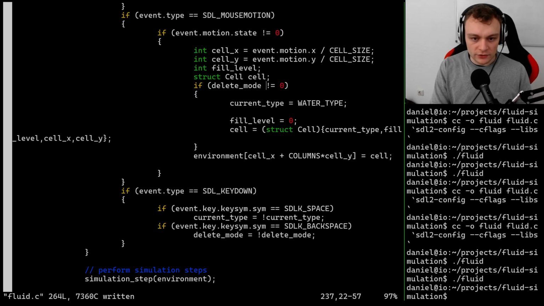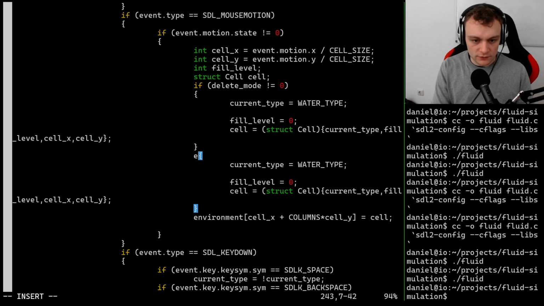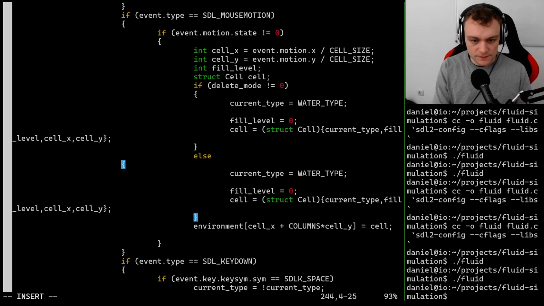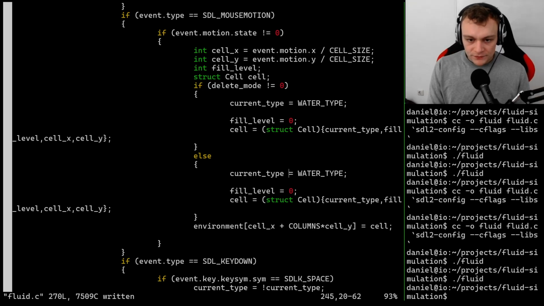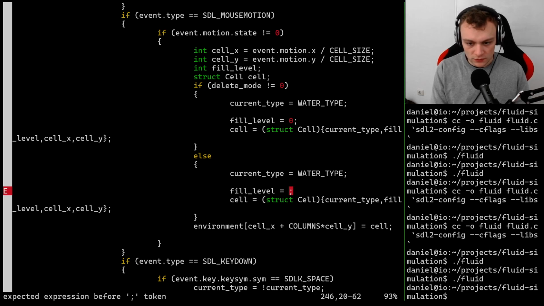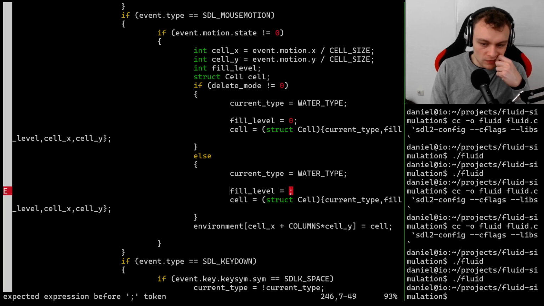In any other case, I would like to build up pressure. Else, we still set a water type cell. That is fine. And the fill level should be 1. No, the fill level should be... No. Wait.